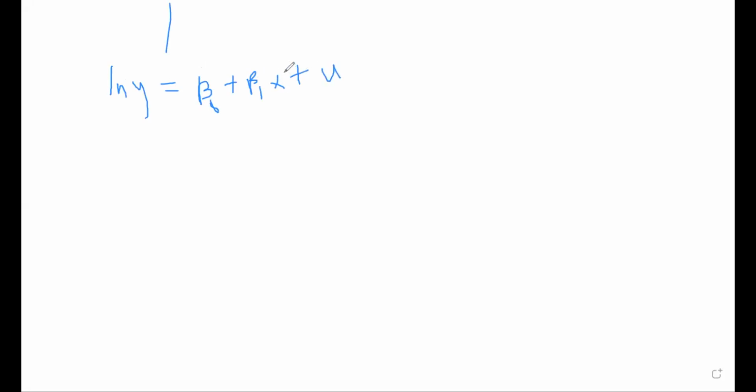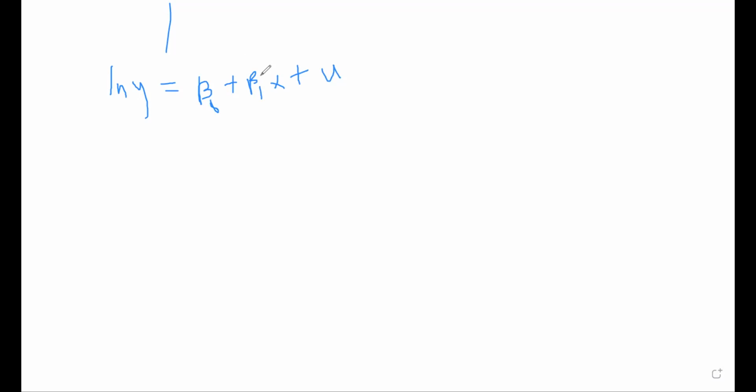If x changes by 1 unit, y changes by 100 times beta 1 percent. You multiply beta 1 by 100 and say when x changes by 1 unit, y changes by beta 1 times 100%. That is what I want to derive.